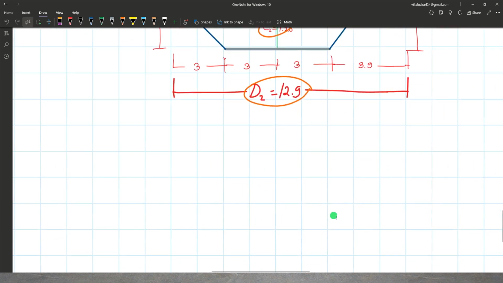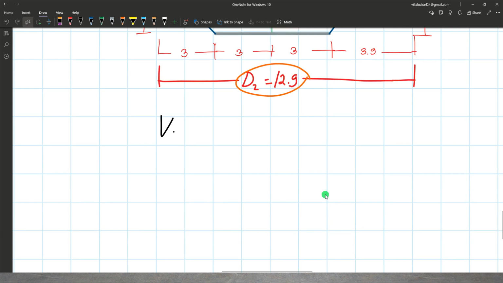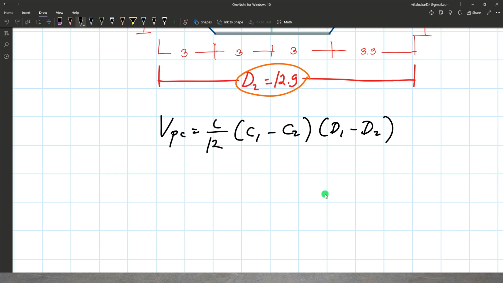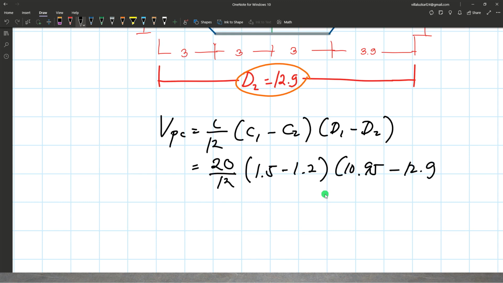Apply the formula for the volume of prismoidal correction. So the volume for prismoidal correction is L over 12 times C1 plus C2 times D1 minus D2. So 20 over 12 is 1.5, times 1 plus 1.2, times 10.95 minus 12.9, equals a prismoidal correction volume of negative 0.975 cubic meters.